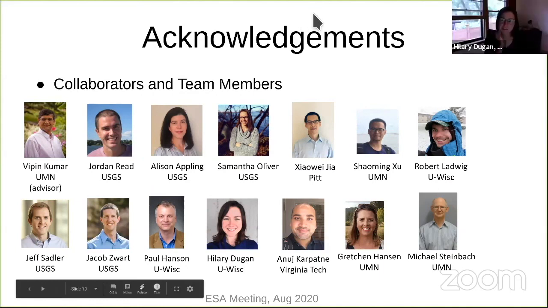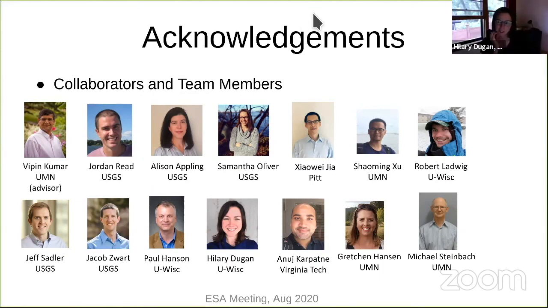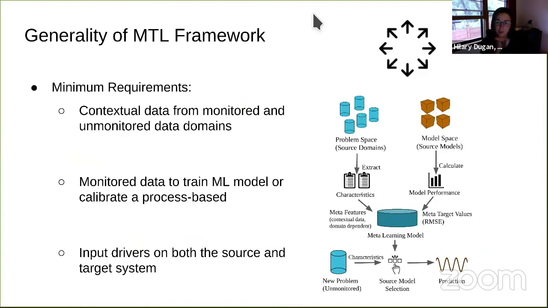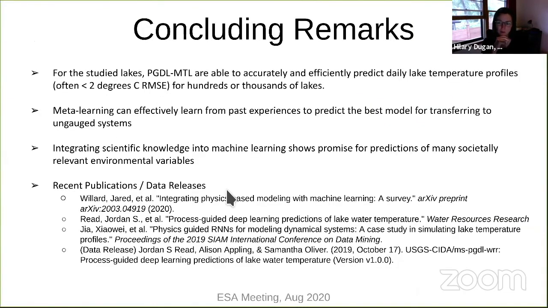Great, thanks, Jared. So actually, I have a question for you. This work that you're doing with your USGS collaborators and team seems very novel in the field of limnology in terms of using these ML models to predict characteristics of lakes that we don't know anything about.